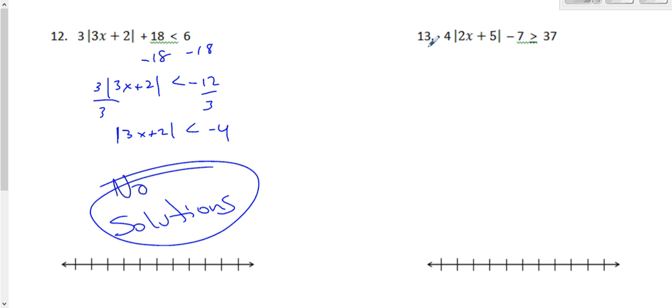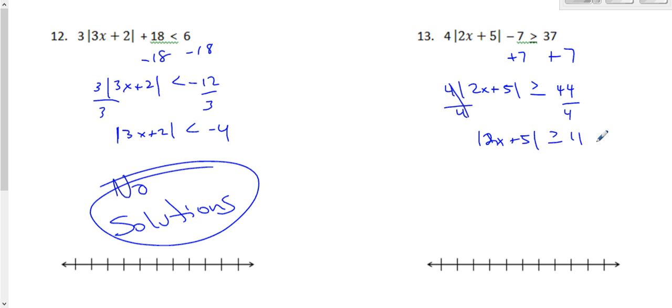When we look at number 13, we will clean up the left-hand side to get the absolute value by itself. First, by adding 7, we get 4 times the absolute value of 2x plus 5 is greater than or equal to 44. Divide by the 4. That will give you the absolute value of 2x plus 5 is greater than or equal to 11.